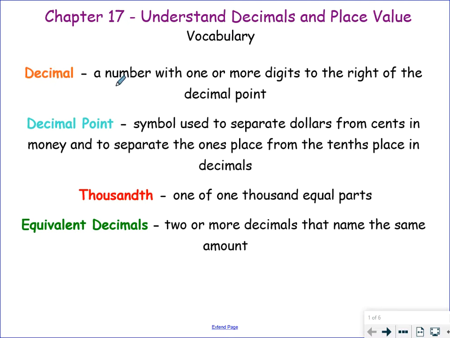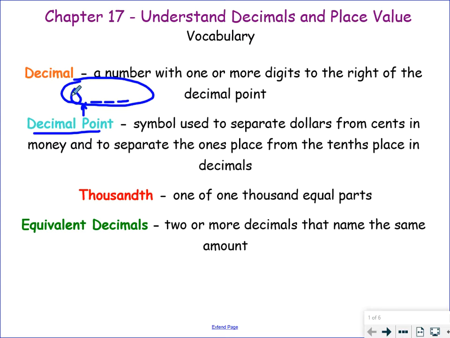A decimal is a number with one or more digits to the right of the decimal point. I'm going to show you an example on the next slide, but this entire number is a decimal. A decimal point is this little point. It is a symbol used to separate dollars from cents in money and to separate the ones place from the tenths place in decimals.